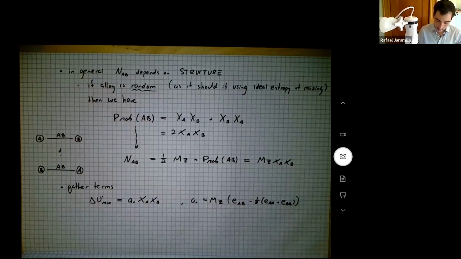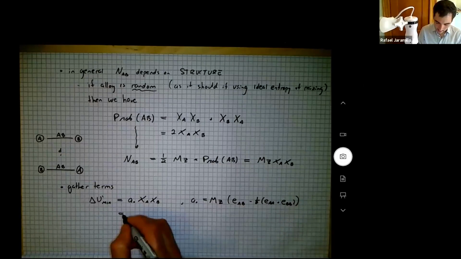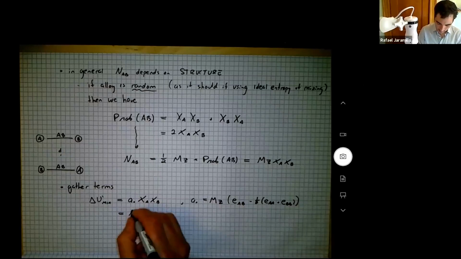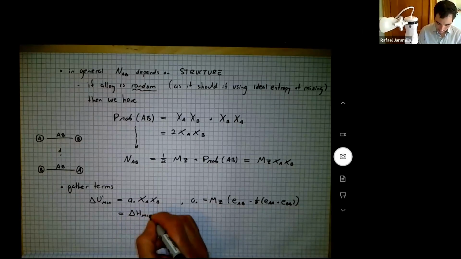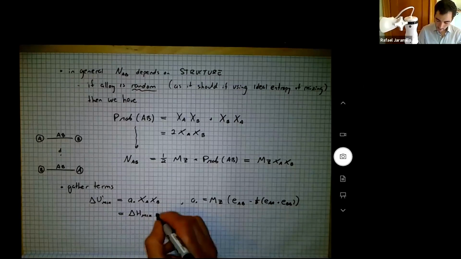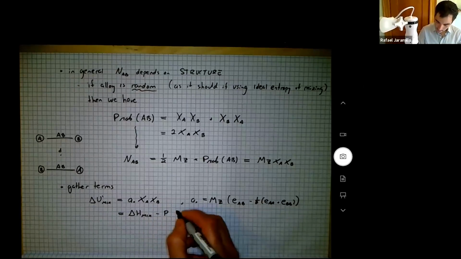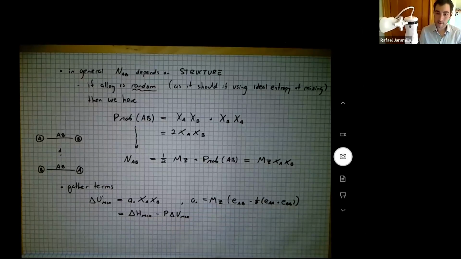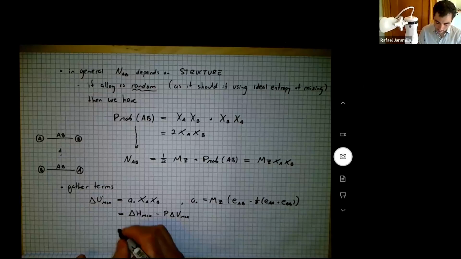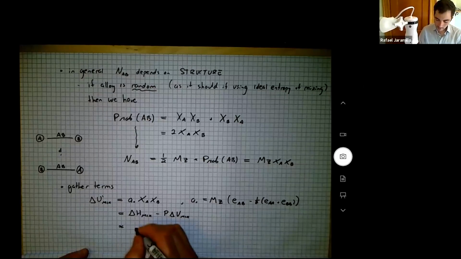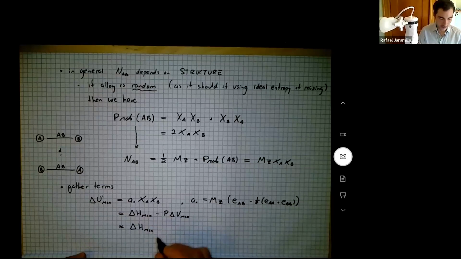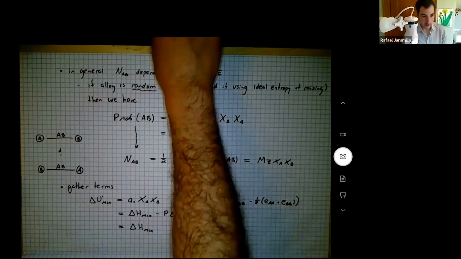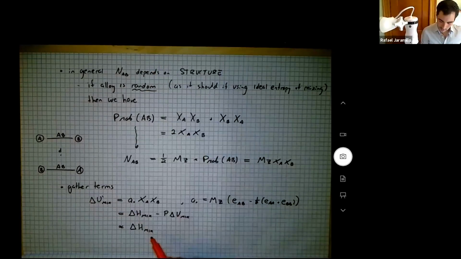And here's a bit where we make an approximation, which you don't have to worry about too much right now, but we could talk about if you're curious. This, by definition, equals delta H minus P delta V mixing, just by definition of enthalpy and energy. And for solid solutions, this can be well approximated by delta H of mixing.